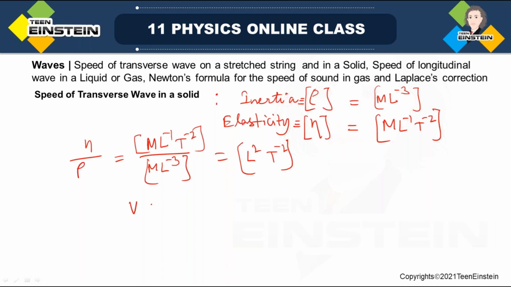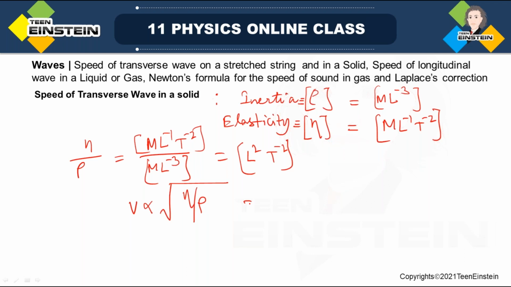So we can say that the velocity or speed of the transverse wave in a solid is directly proportional to the ratio of eta to rho.